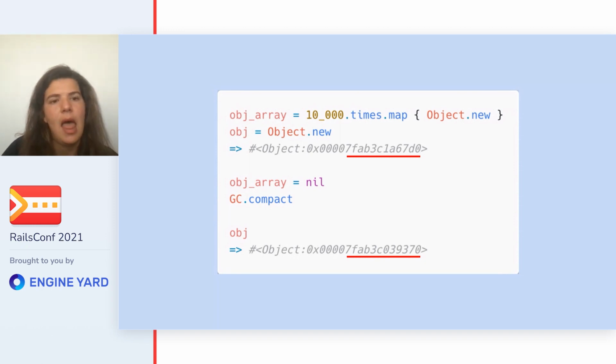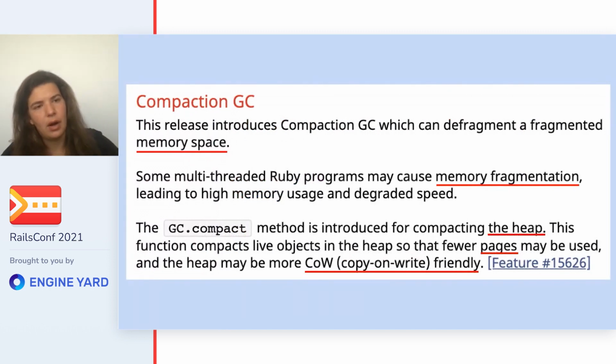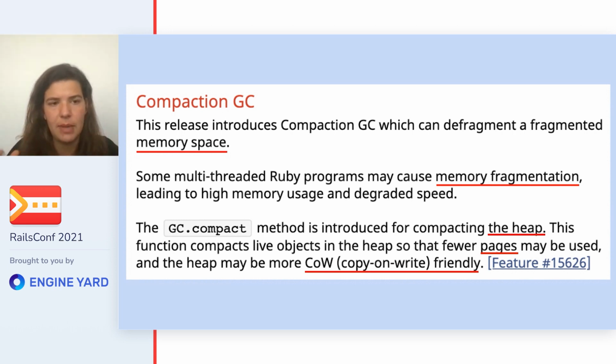And so if we go back to our intro sequence, this slide about compaction GC, we now see that we actually understand what it's saying here. This release introduces compaction, which can defragment a fragmented memory space. Okay, memory space is that heap, the object space we've been talking about, the Ruby heap.